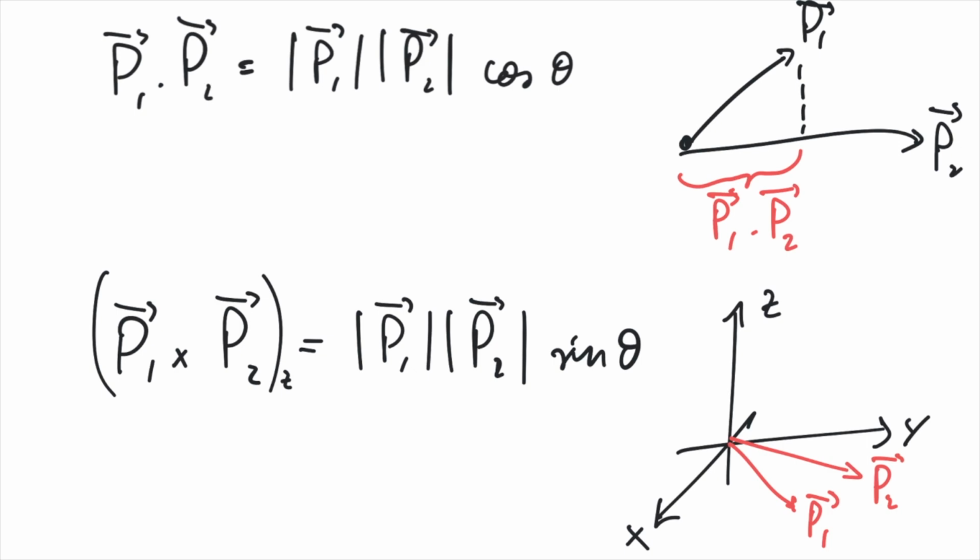In this case, since they are in the plane xy, this vector P1 cross P2 is in the z direction.